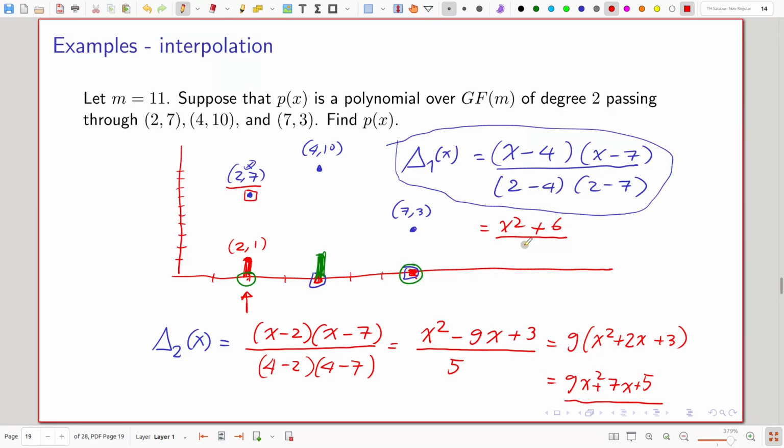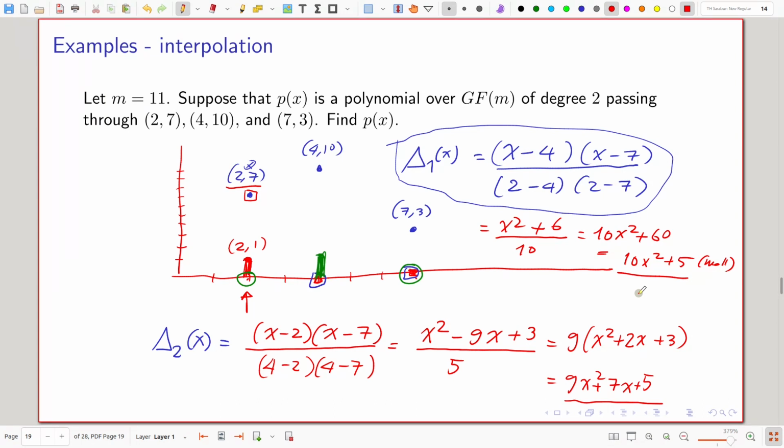This is minus 5 over 10. But what's the multiplicative inverse of 10? It is 10, right? So it's going to be 10x squared plus 60. But what is 60? 60 is 5, right? Modulo 11. So this is another component.